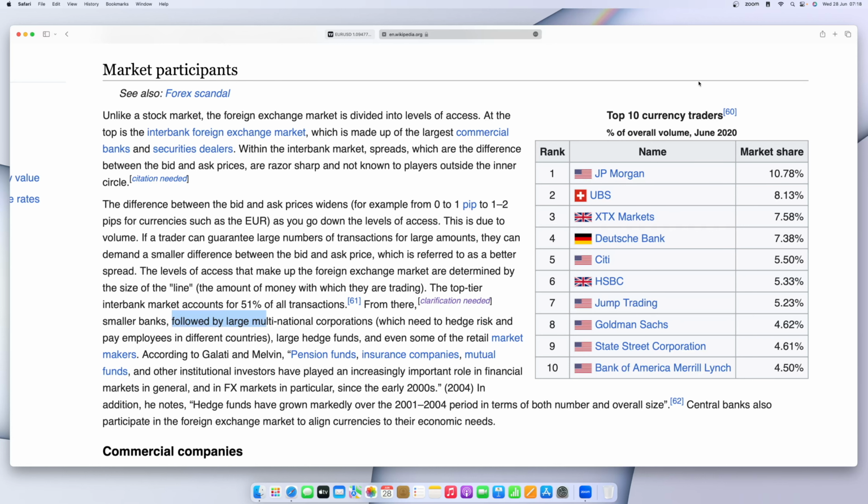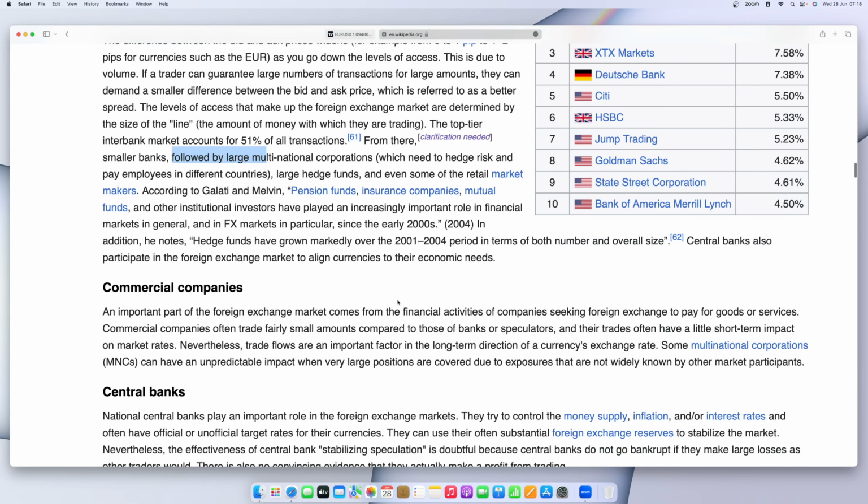Now, also, we have in this place where it says commercial companies, an important part of the foreign exchange market comes from the financial activities of companies seeking foreign exchange to pay for goods and services. Now, a very good example can be, let's say Apple.